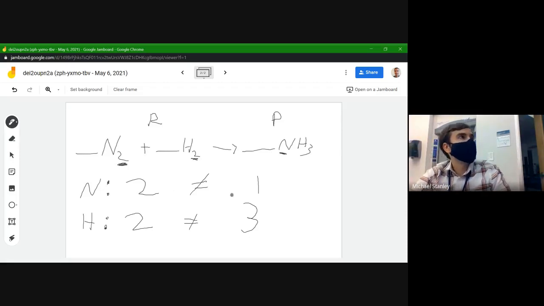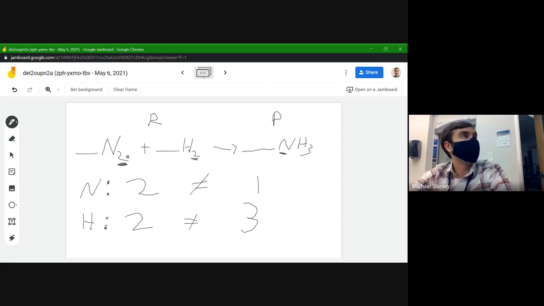In this case, there's only 3 total N's, but there's 5 total H's. So I think we should start off with trying to balance our nitrogens and then see where we go from there.